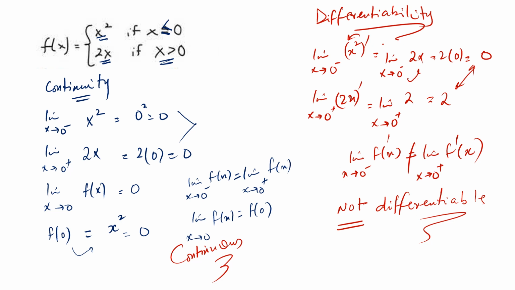The only difference is that in continuity we write the function itself, and in differentiability we write the derivative of the function and then we apply the limit. And based on that we agree whether it is differentiable or not.